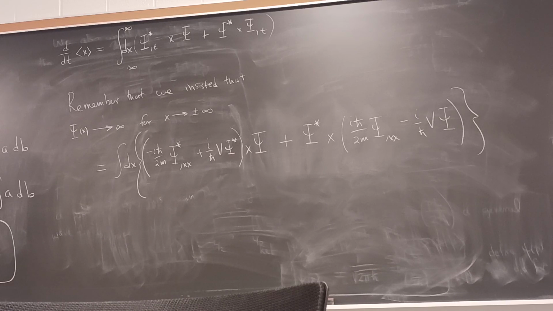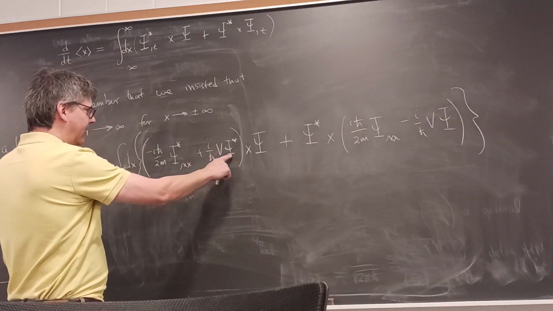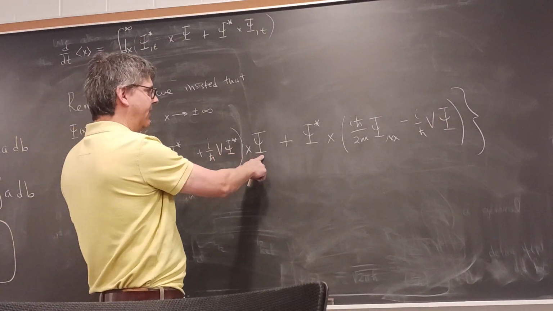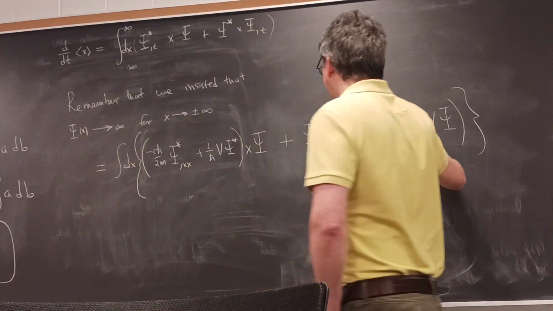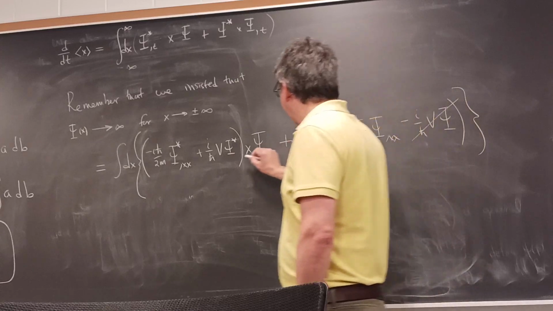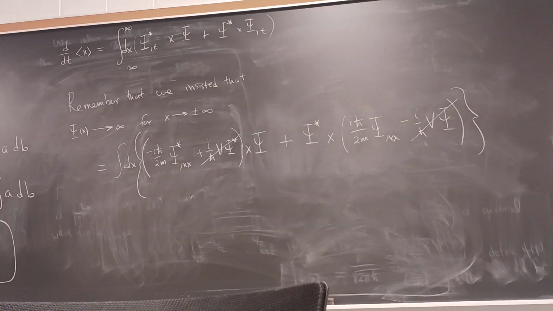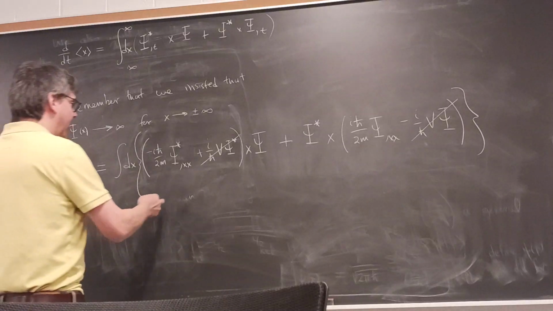Right, I can cancel the potential terms. I've got a plus i over h bar V psi star x psi, and then here I just have a minus. So those terms cancel. All right, so what do we have left then?